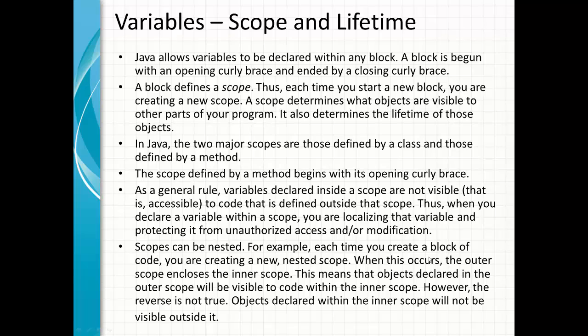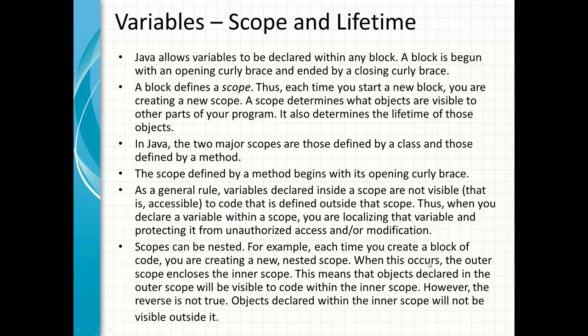Scopes can be nested. For example, each time you create a block of code, you are creating a new nested scope. When this occurs, the outer scope encloses the inner scope. So you start one curly brace, you define a couple of variables, and then you start another curly brace.